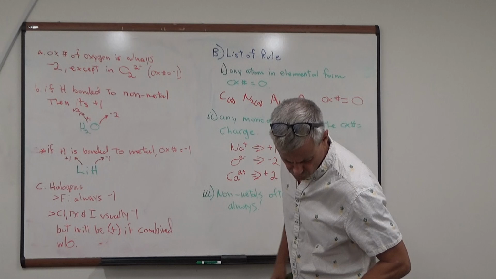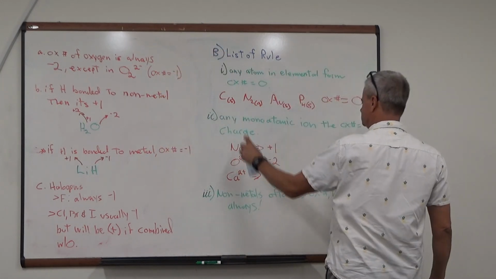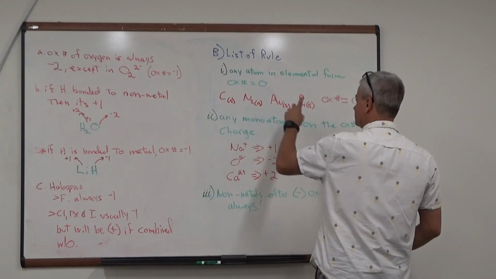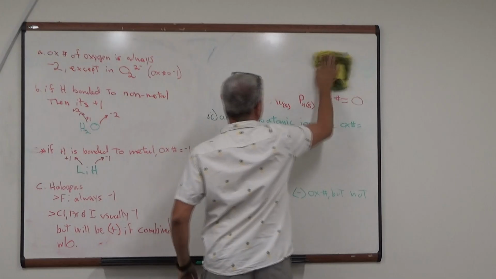Am I done with rules? I'm done with rules. So let's actually figure out the oxidation numbers of some compounds.